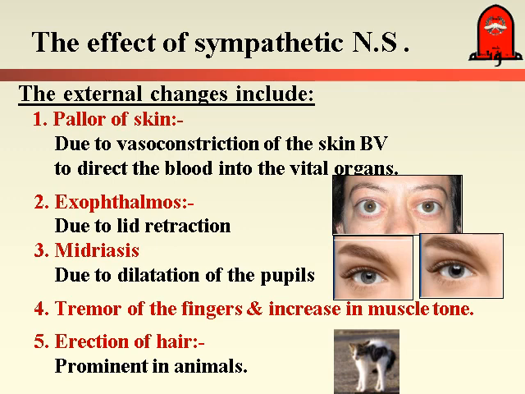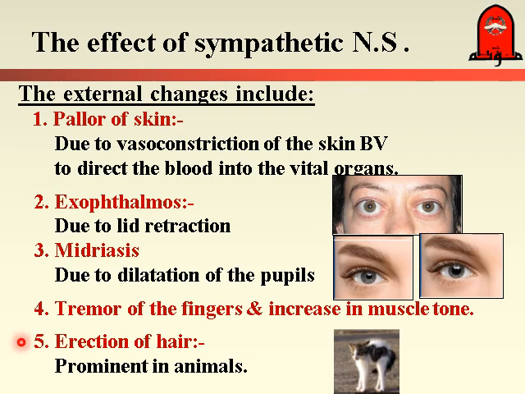Other conditions that may appear on the body are tremor of the fingers and increased muscle tone. This is due to overstimulation of the sympathetic nervous system, which produces an increase in the excitability of the nervous system and produces such a clinical condition.